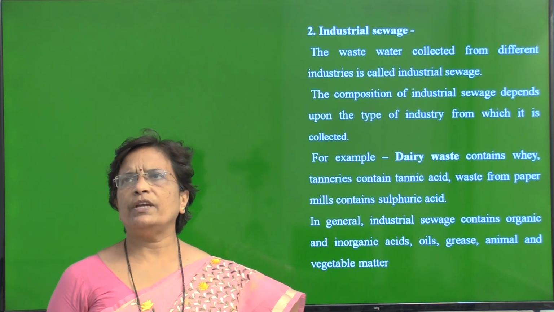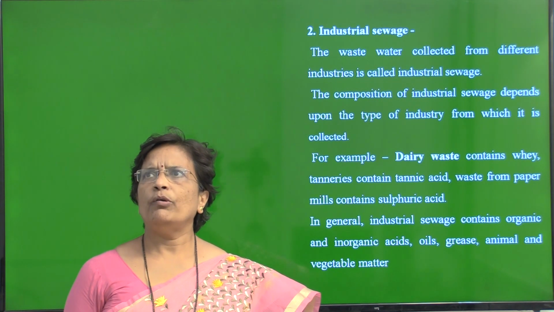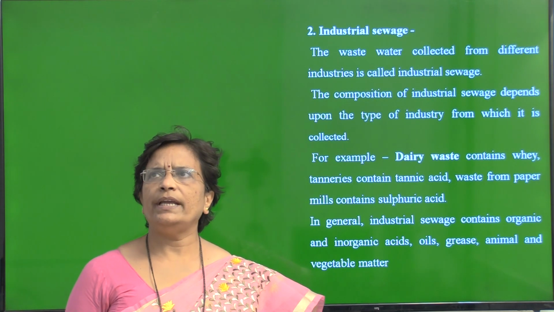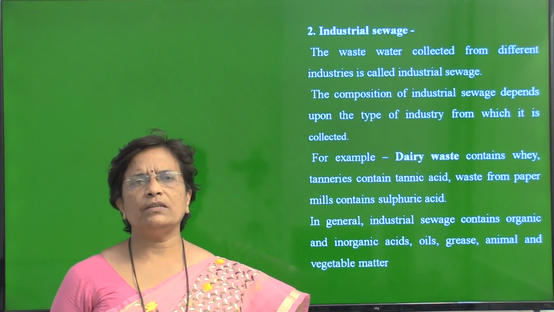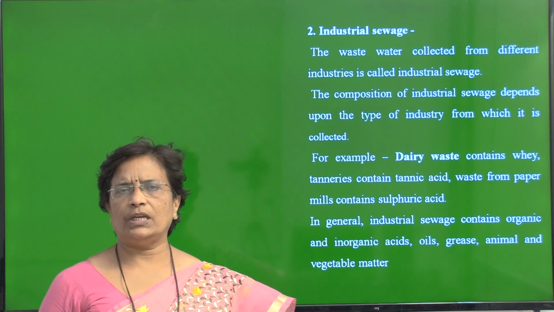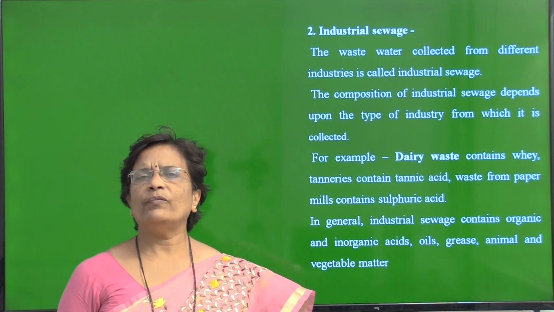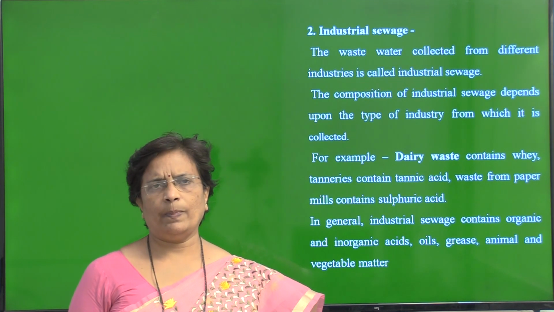Second type of sewage is industrial sewage. The wastewater which is collected from different industries is called industrial sewage. The composition of industrial sewage varies from industry to industry, and depends upon the type of industry from which it is collected.